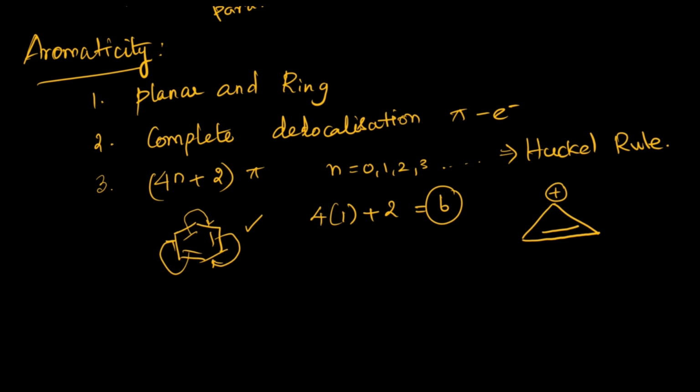So which is also aromatic. You can try out with these compounds. You can include lone pair of electrons as well while doing this delocalization, because that can also be involved in the electron delocalization.